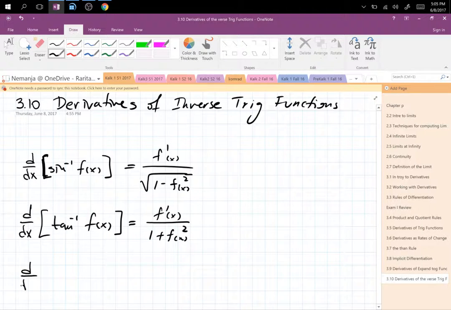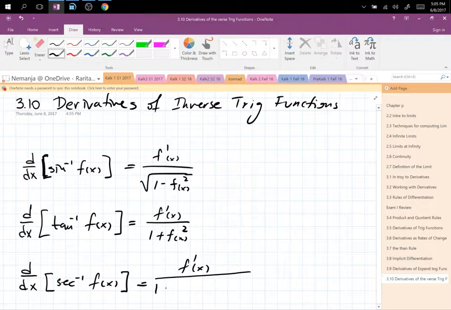And the last one that is establishing this pattern is inverse secant of some function, and that one is f prime of x divided by absolute value of f of x times the square root of f of x squared minus 1.